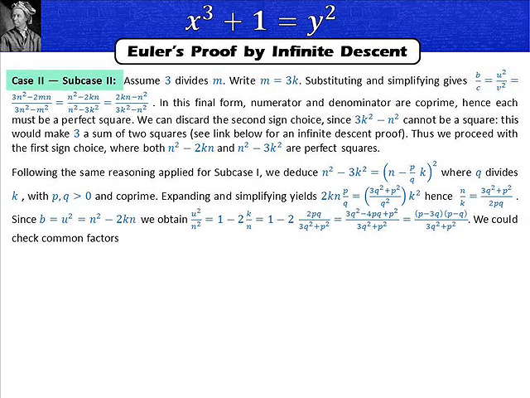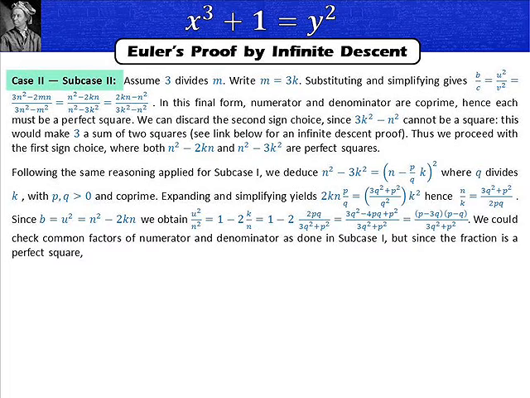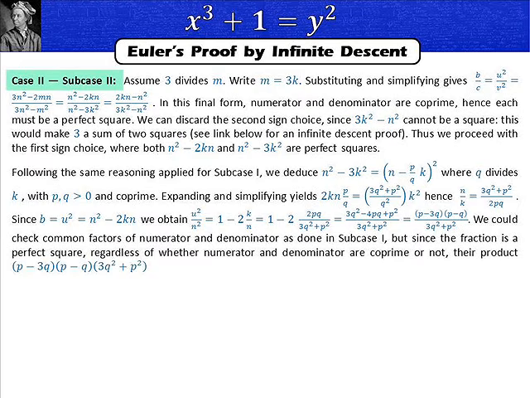We could check common factors of numerator and denominator as done in subcase 1, but since the fraction is a perfect square, regardless of whether numerator and denominator are coprime or not, the product is always a square. Next, set p minus 3q equals r and p minus q equals s.